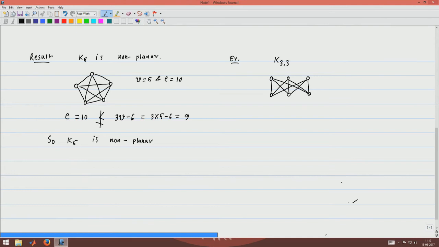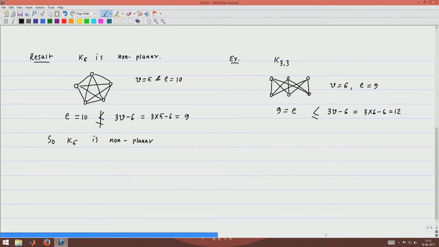Right. So, this has V equal to 6 vertices and the number of edges 9, right. So, 9, which is the number of edges, and we compute 3V minus 6, which is equal to 3 into 6 minus 6, that is 12. So, this is less than.